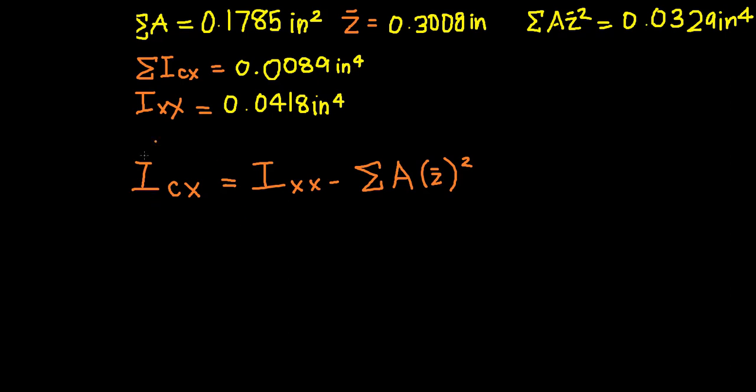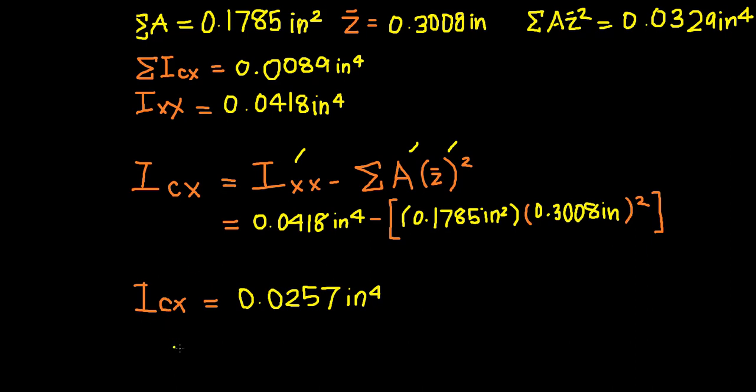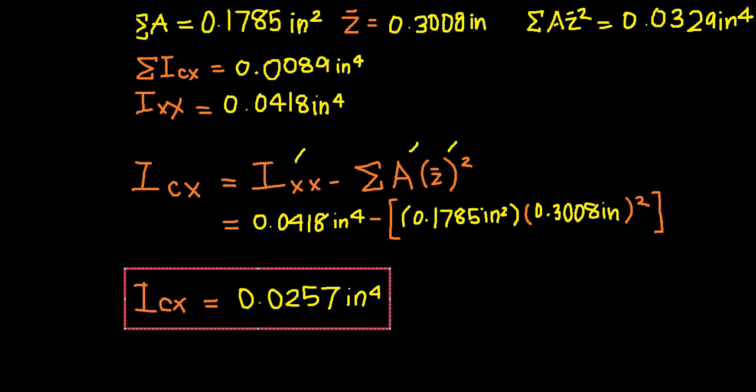So since the question is asking for the moment of inertia for entire figure, this is the formula that we are going to ultimately utilize. And hence, since we already have our values calculated, we simply plug them in. Our moment of inertia for our figure upon the centroidal x-axis is 0.0257 inches to the power 4. And that is our final answer.